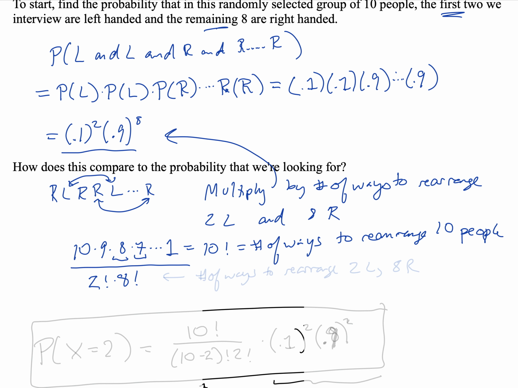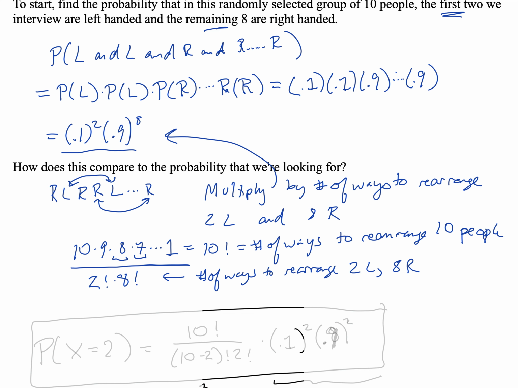And what order do they come in terms of being right or left-handed? So this is number of ways to rearrange the 2 left-handed people and the 8 right-handed people. We're dividing out by that number of ways to rearrange them because we don't care about the order of the individual left-handed people and the individual right-handed people.